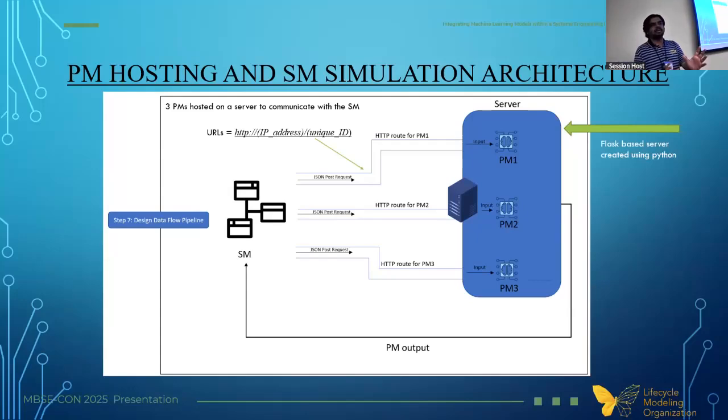So it will send a number of data, commands, integers, values, whatever you want to send to these predictive models. These predictive models would receive this data and, based on their training, evaluation, and all that, put out an output, and that output will go back to your system model. As you continue to run more and more loops in the simulation, those predictive models will effectively start to give you a bunch of data that your system model, or SM, will start to realistically run simulations on.